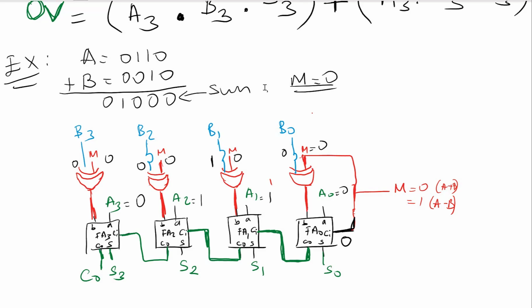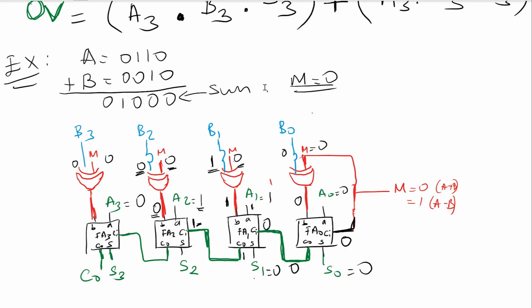Before we do the addition, we need to do this XOR operation. 0 XOR 0, I have a 0 here, and 0, 0, 0, my sum is 0 here, my carry is 0 here. I have a 1 here, 0 and 1 XOR operation, I have a 1 here. 1 and 1, and 0, I will get S1 is 0 and my carry out is 1, so I will get a 1 here. 0 XOR 0, I have a 0 here, 0, 1, 1, right?